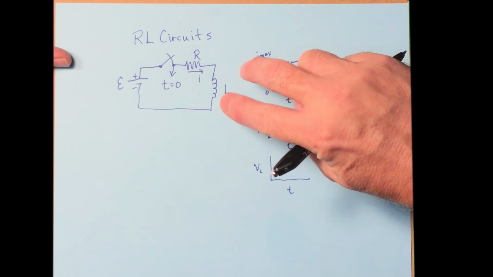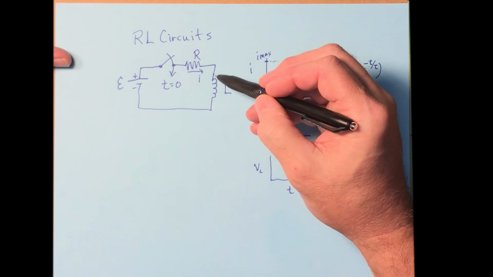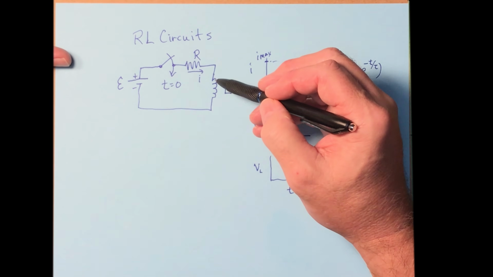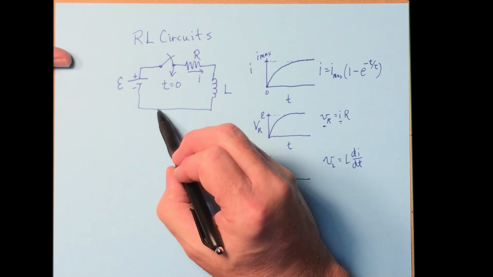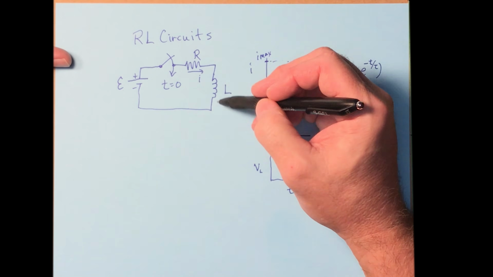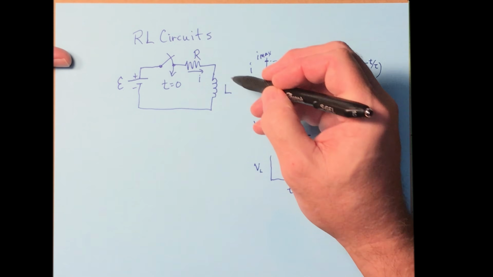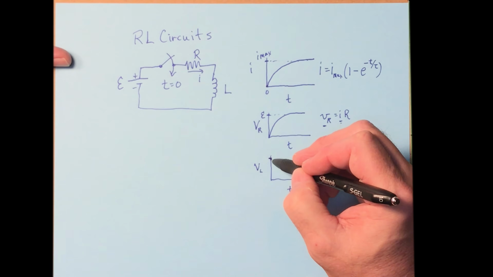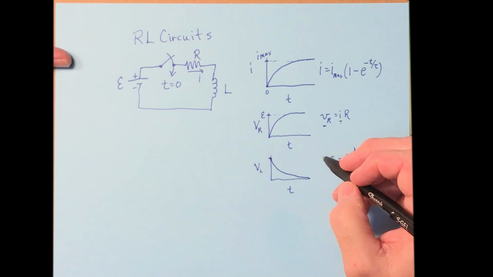If you were to put the probes of your voltmeter across this after a long time, when the current going through it is steady, you're going to read 0, the same way as if you were to put your probes here and here. There's 0 voltage. So what does that mean? That means the voltage across the inductor starts off high at a maximum value, and then over time it decays to nothing. So what does that equation look like?